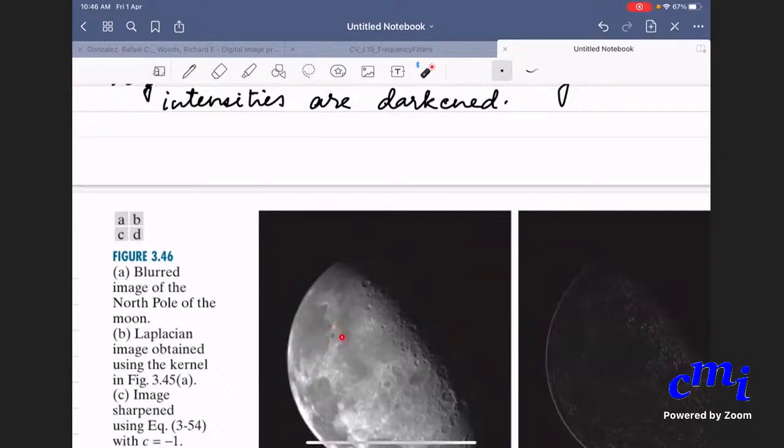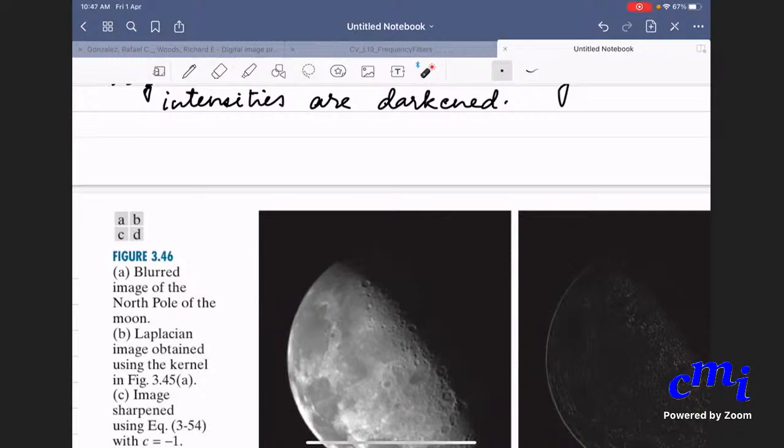Or if the intensities are varying very lightly, then you will end up with a small number at the spot, and that will darken the image. If you end up with a 0, you'll have a black pixel at that spot, and otherwise you will have a darker pixel.